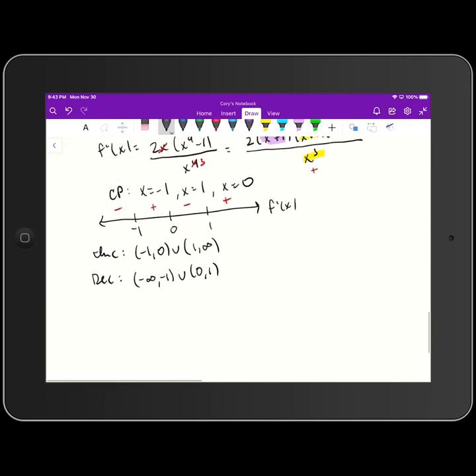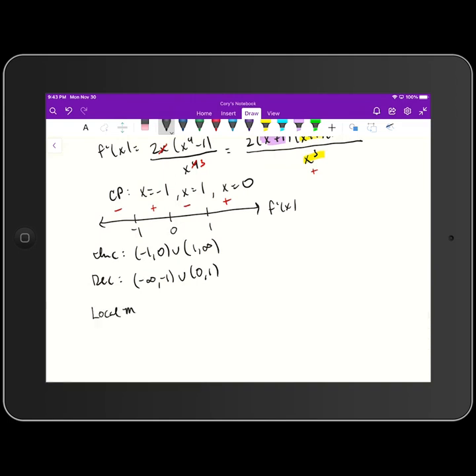Okay, so we want to do the local extrema, so our local max and the local min. Now, when we look at our number line or our sign chart, we see that f prime changes sign from positive to negative at 0.